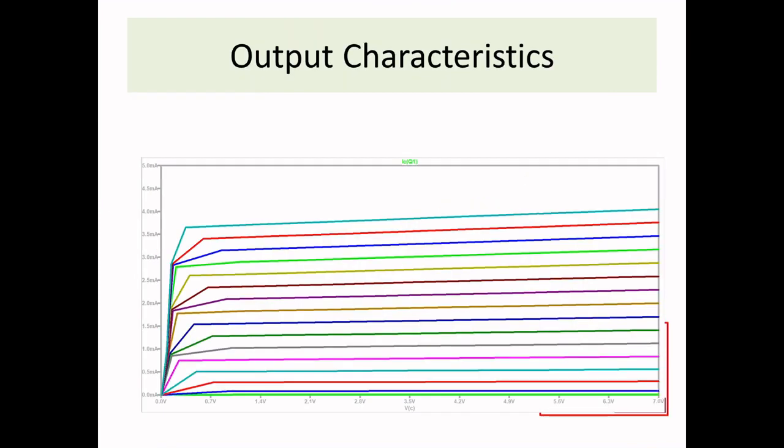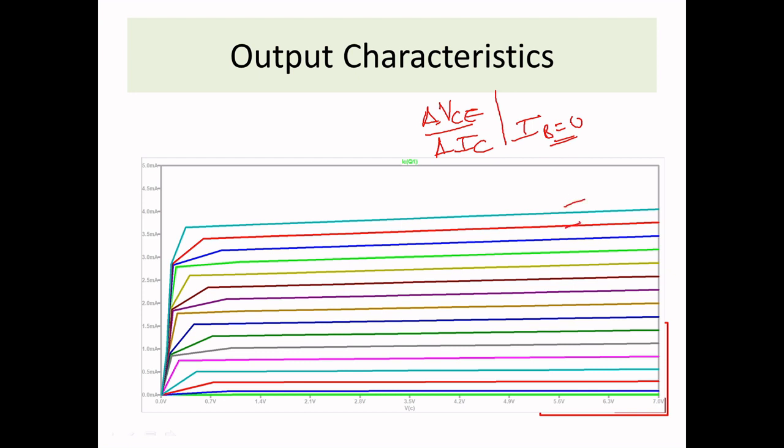Similarly, when you go for the output characteristics, you want to change your VC and plot for different currents when your IB current is constant.